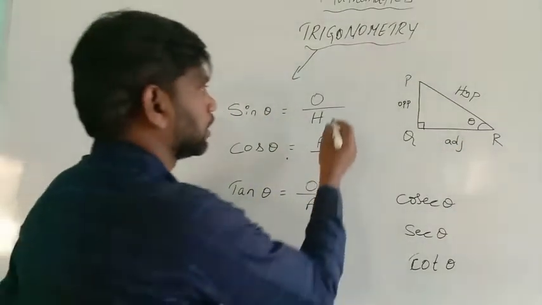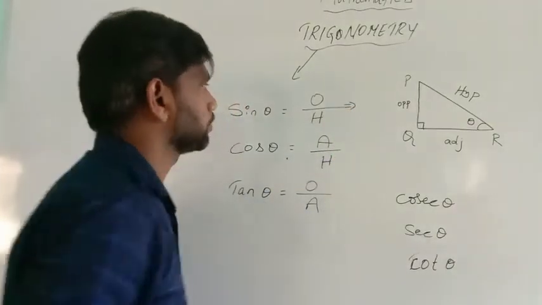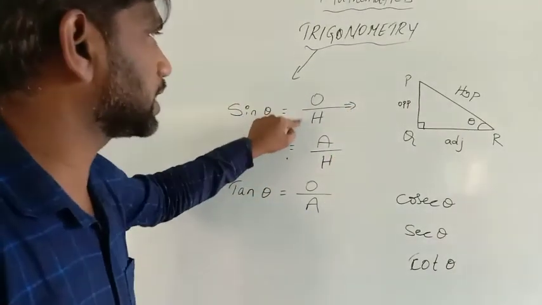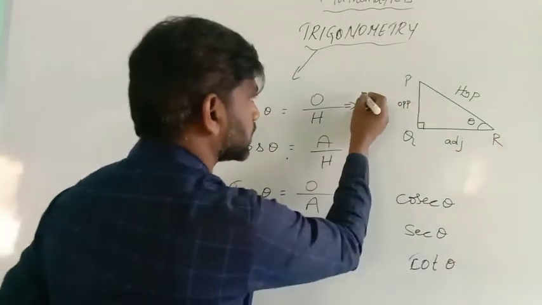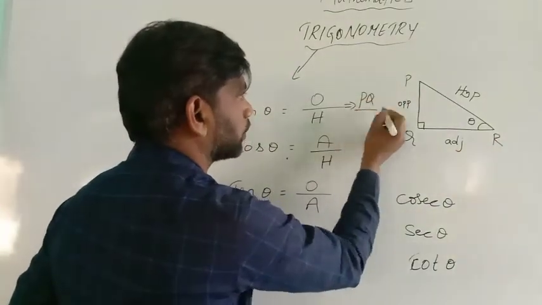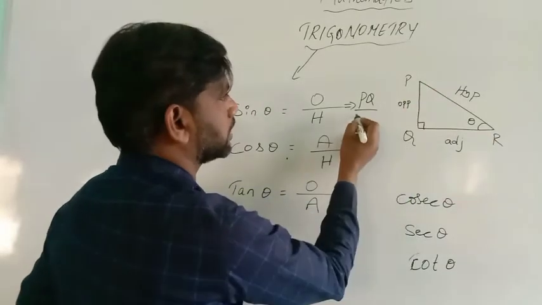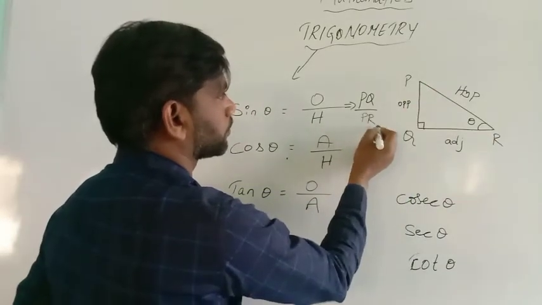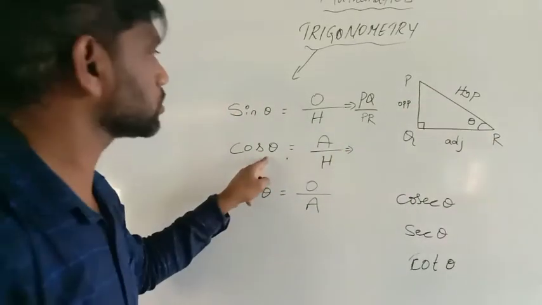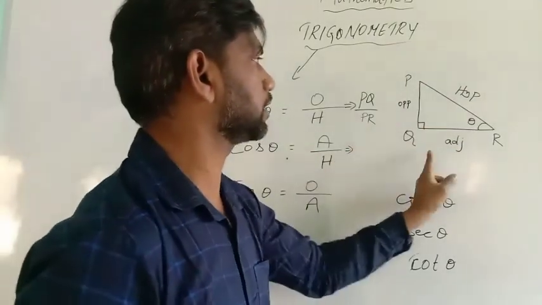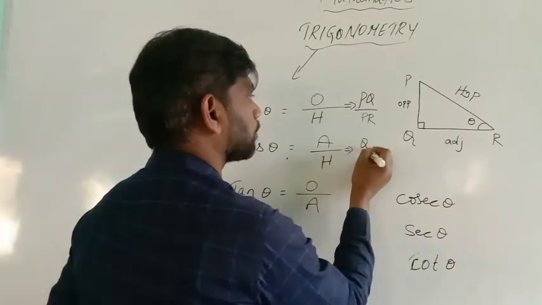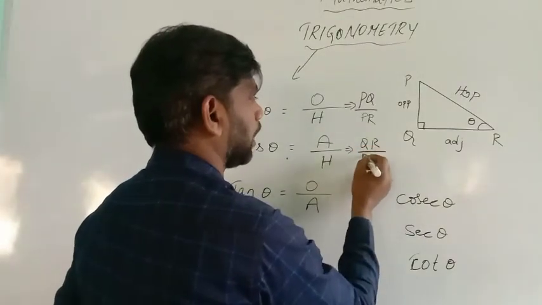According to this figure, sin theta is O by H. Here O is PQ, so sin theta is PQ by hypotenuse PR. Cos theta is adjacent by hypotenuse, QR by PR.